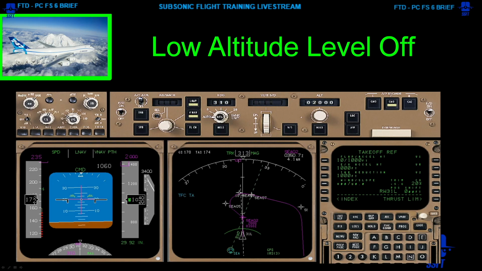If you had a restriction in the CDU, and you had 2,000 in the window here, and you had 2,000 in the CDU, then it would say VNAV path, like you see here. And in this case, you can see on the ND, we have at the Seattle 02 waypoint a 2,000 foot restriction in there. You can see it right there on the ND.